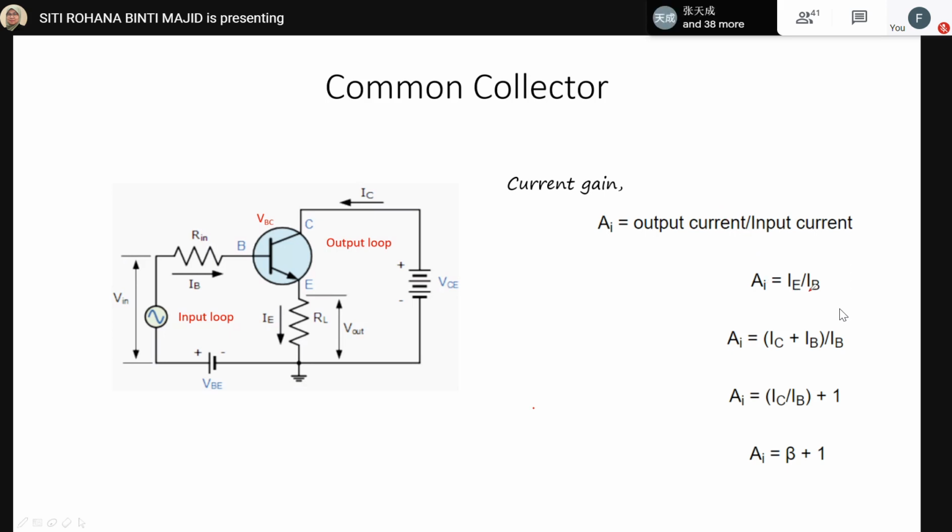So we can express this ratio as AI equal to IE over IB.